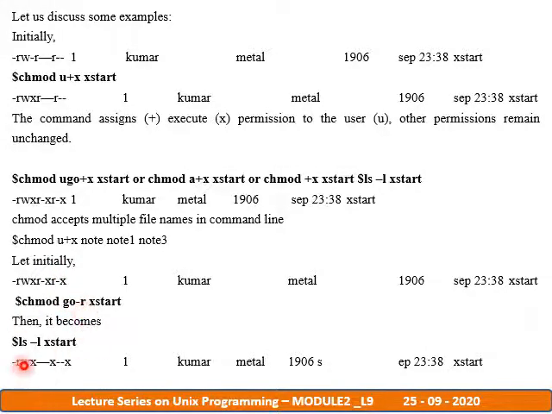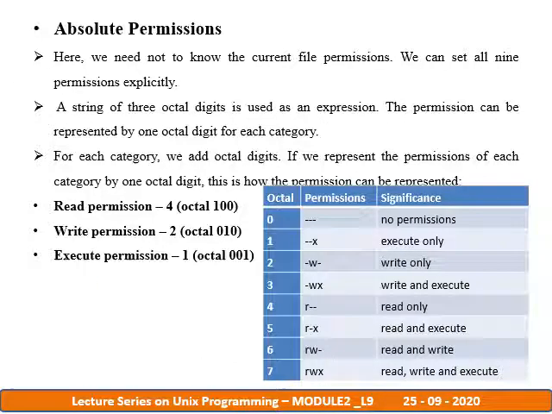Now the r permission has been removed from the group and others, but not from the user. The user still has the read permission, and group and others have the read permission removed. In this way, the chmod command is used to change file permissions using relative permissions.